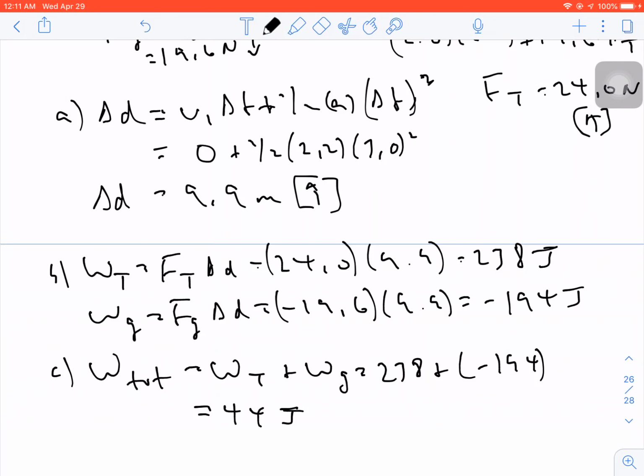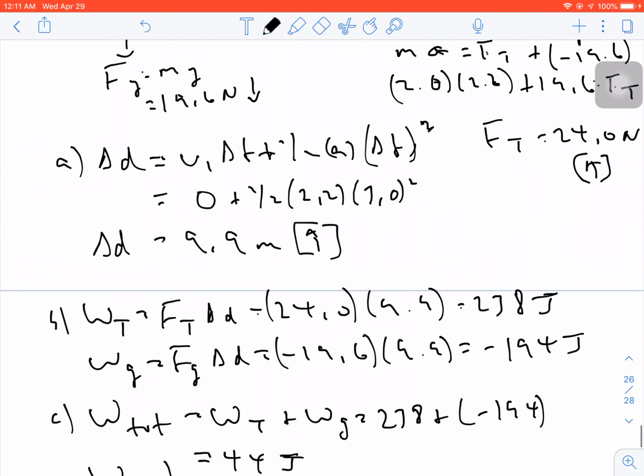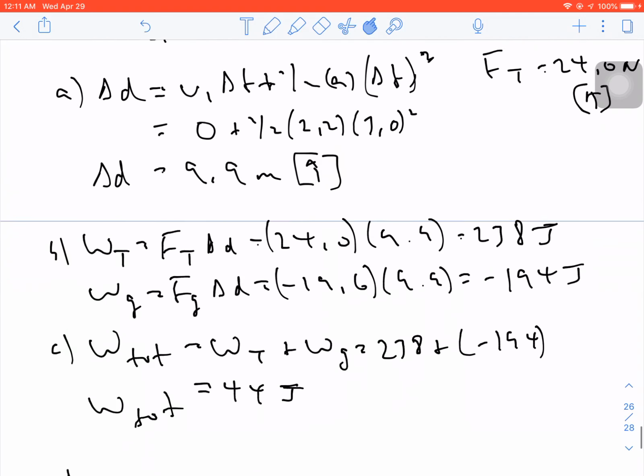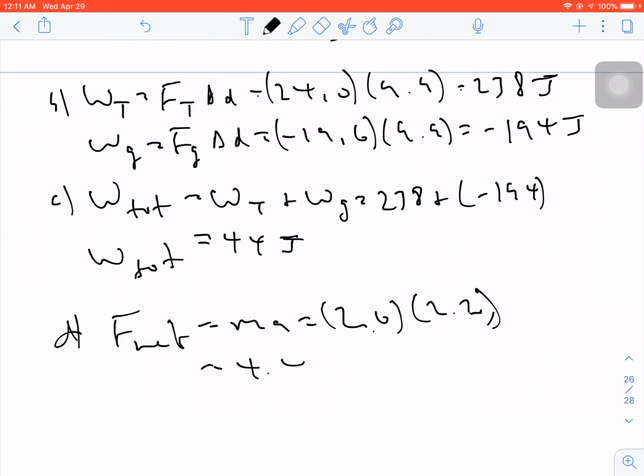And then D says, calculate the net force acting on the bucket and the work done by the net force. Compare your answer to what you just had here. So D, Fnet equals MA, which is equal to 2 kilograms times 2.2 meters per second squared, which is 4.4 newtons.